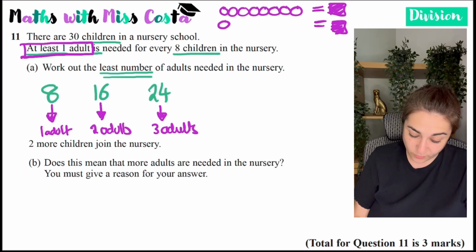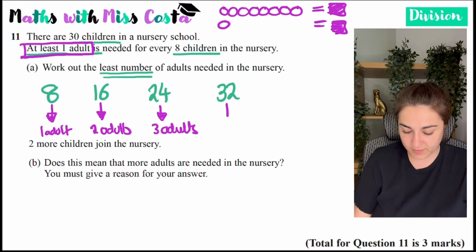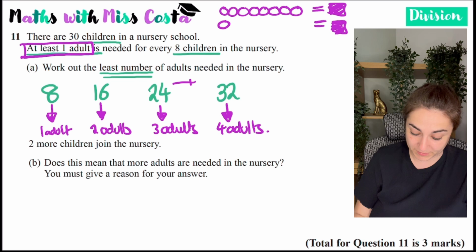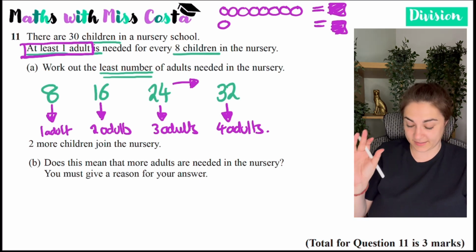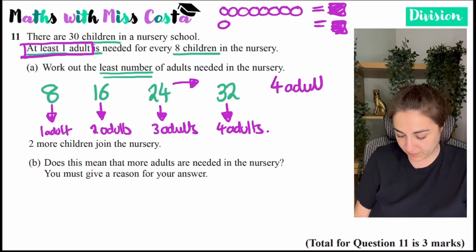So therefore, the next bunch of children would be 32, and up to 32 children would require 4 adults. So even though 30 is less than 32, I still need 4 adults, because anything above 24 counts as more than 3 portions of children. So the least number of adults would be 4 adults.